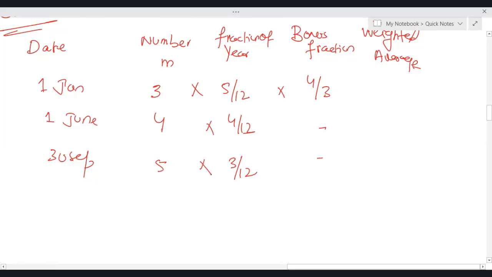So 3 multiplied by 5, multiplied by 4, divided by 3, divided by 12. I'm getting 1.667. Four multiplied by 4 divided by 12. I'm getting 1.333. 5, this, 1.25.